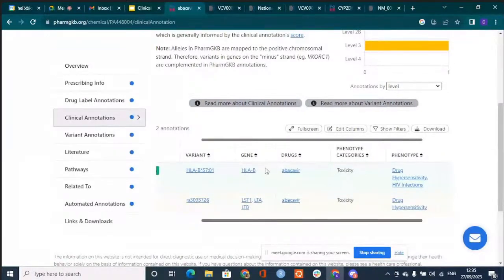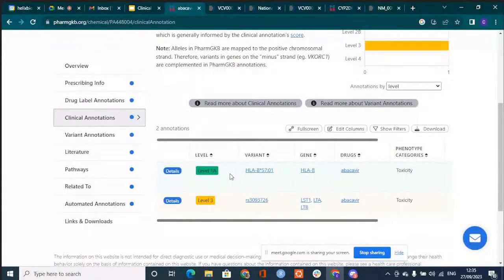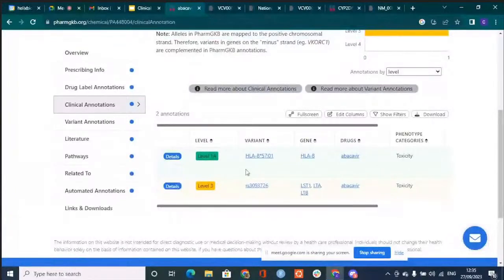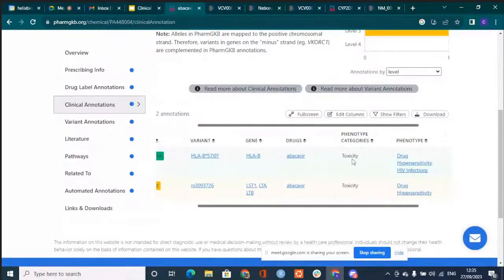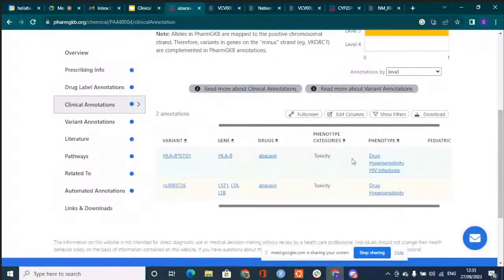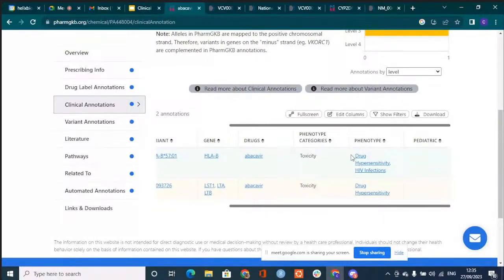And you can see from here, without trying to go further, that HLA-B*5701, the variant, is from HLA-B, and the drug is Abacavir. Phenotype category is toxicity, and the phenotype here is saying that drug hypersensitivity reactions are associated with it.